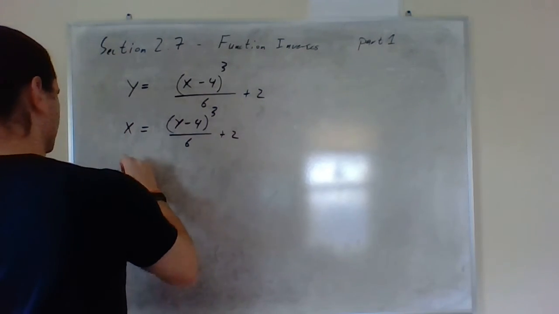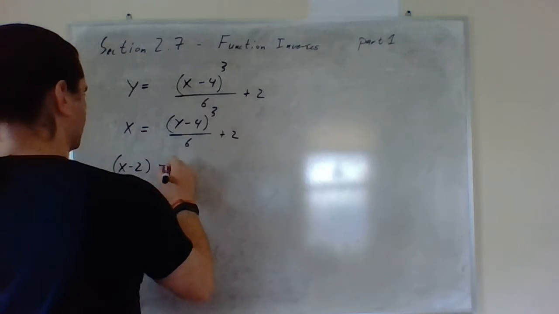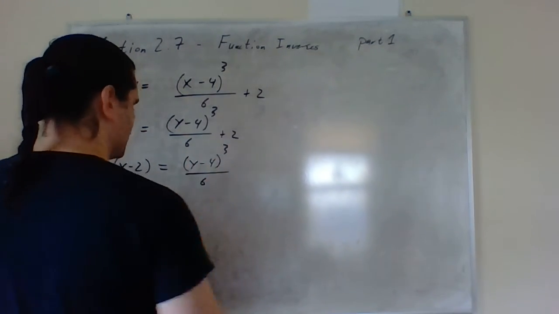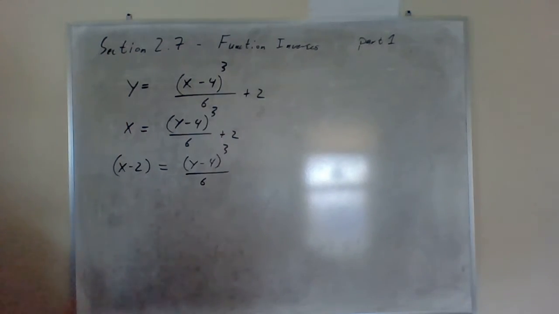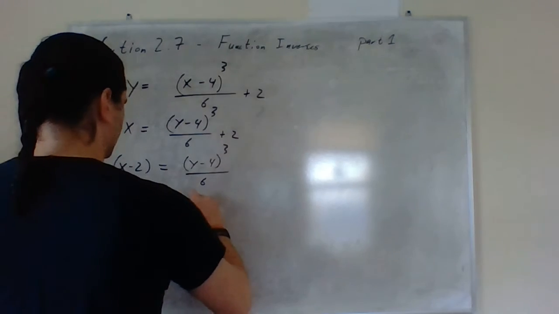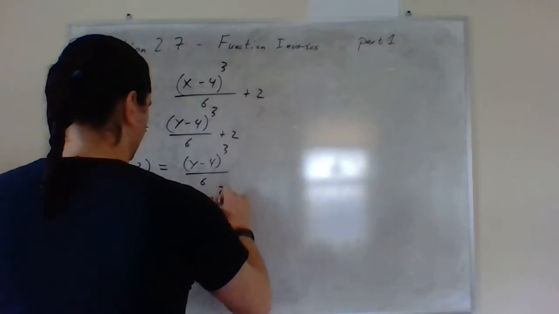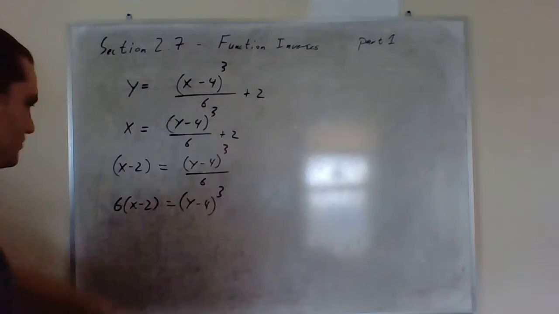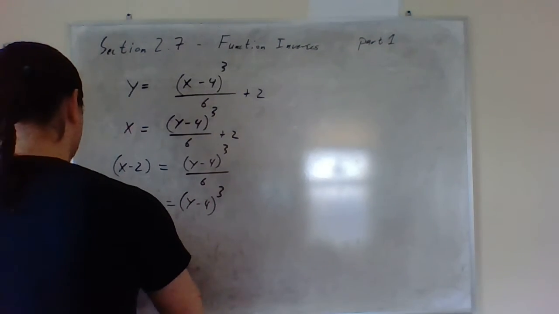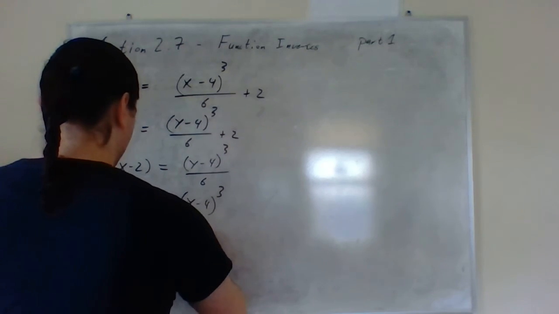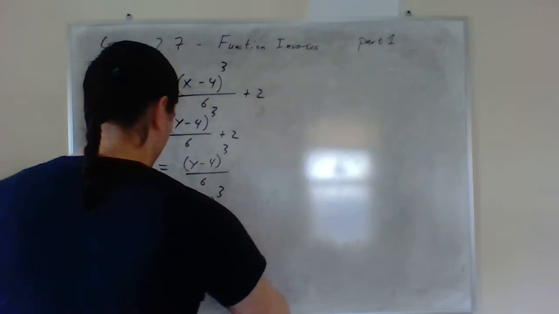So the first thing I would do is subtract 2. So x minus 2 equals (y minus 4) cubed over 6. Then I would multiply by 6. So 6 times (x minus 2) equals (y minus 4) cubed. Then I would take the cube root of everything. So I have the cube root of 6(x minus 2) equals y minus 4.